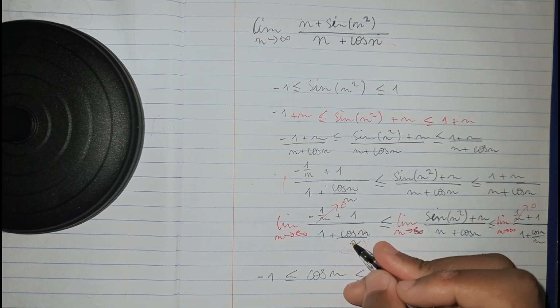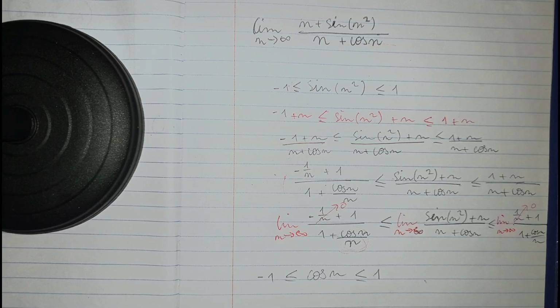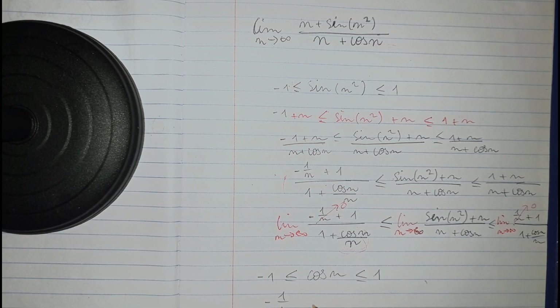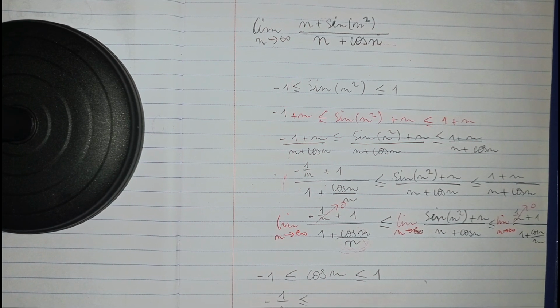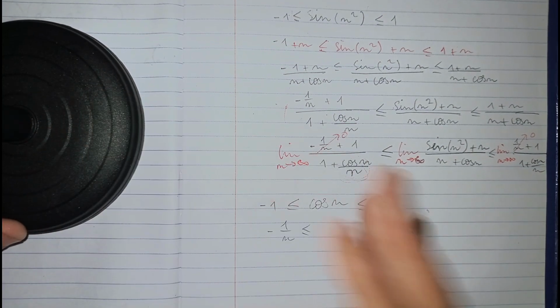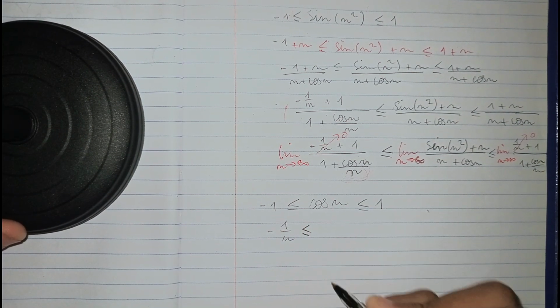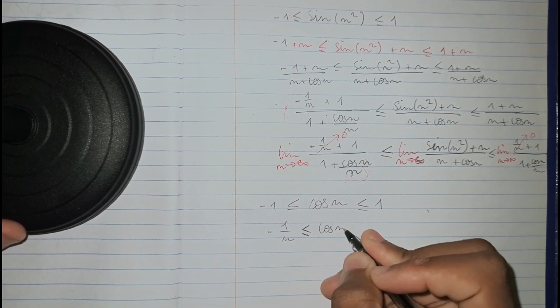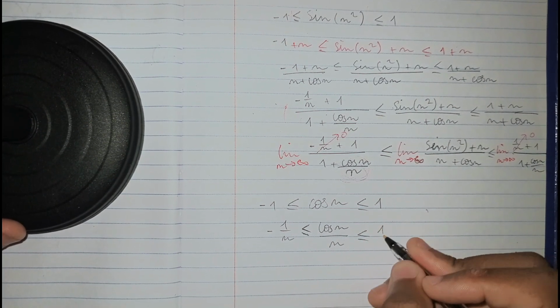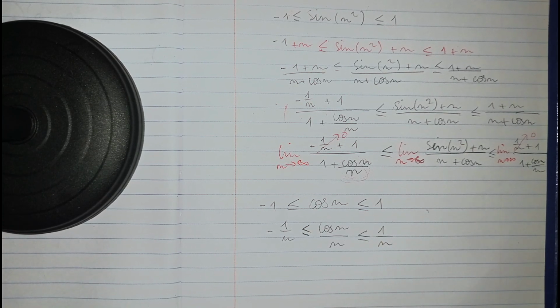Of course, it's n here, so we are going to divide by n every single side. Here we get -1 over n, and less or equal, cosine of n divided by n, less or equal 1 over n.